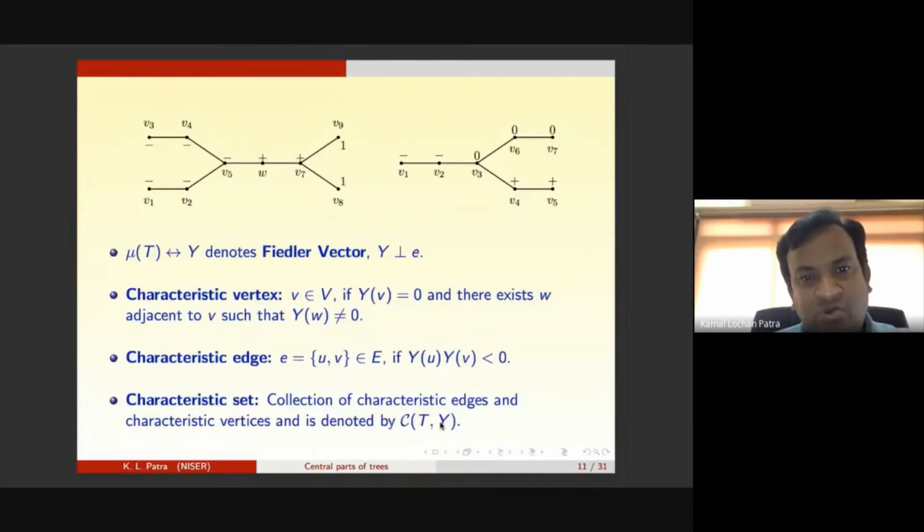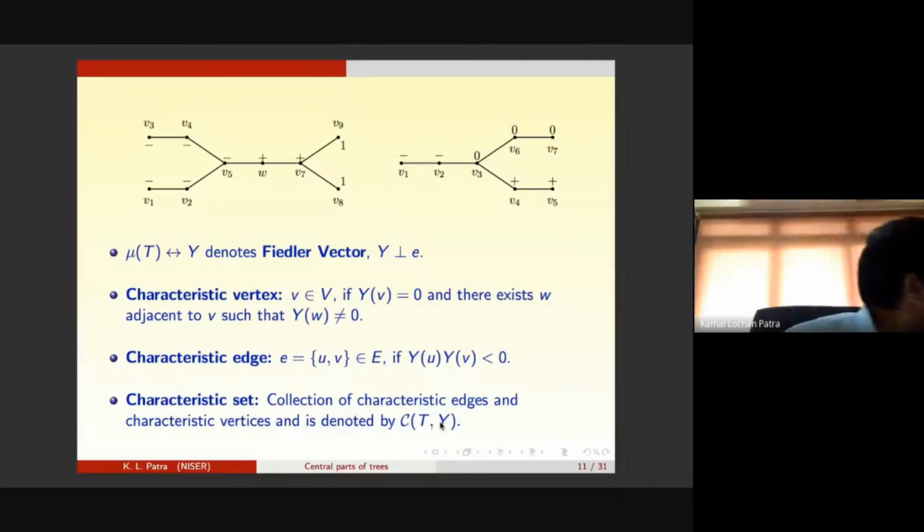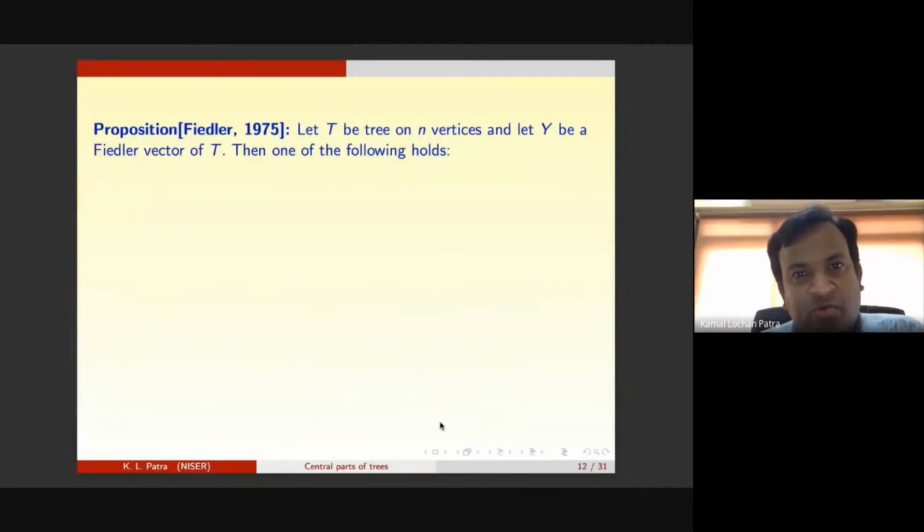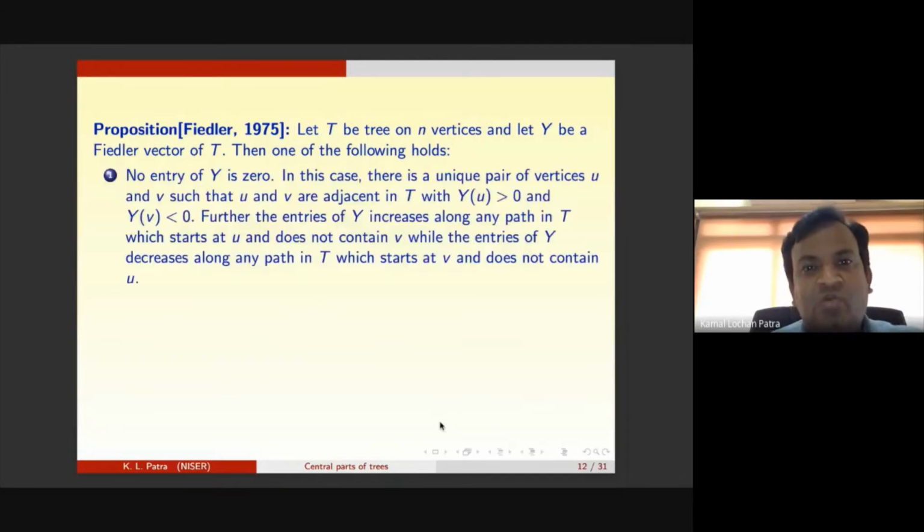So why is it called a Fiedler vector? Fiedler proved that if you take a tree T on n vertices and Y is an eigenvector associated with lambda 2 of T, then one of the following holds. If no entry of Y is 0, you will find a unique pair of vertices U and V, adjacent, so that Y(U) is greater than 0 and Y(V) is less than 0.